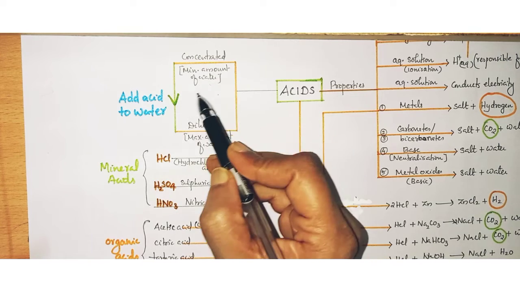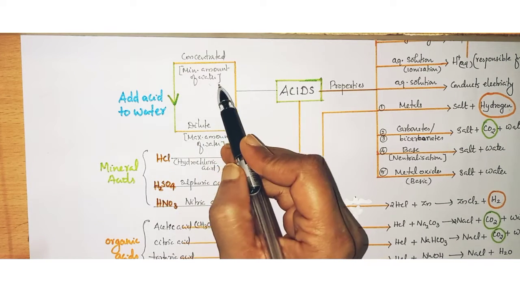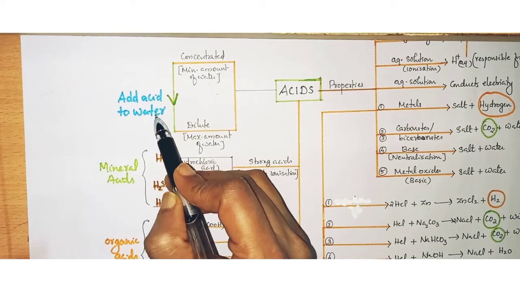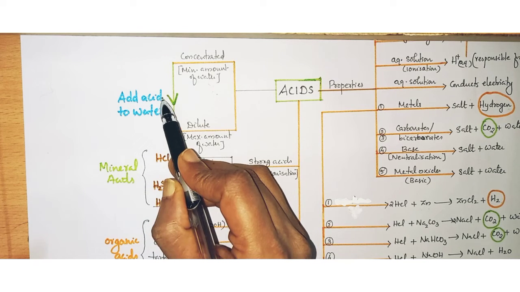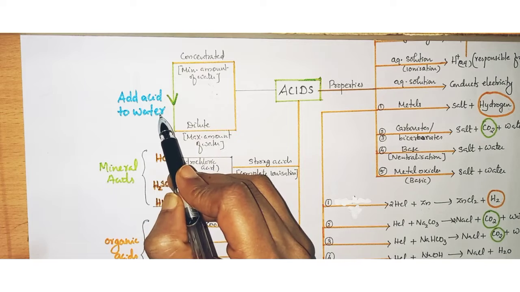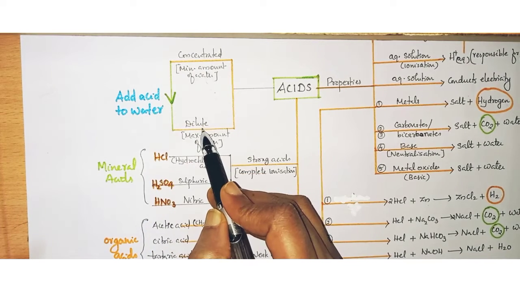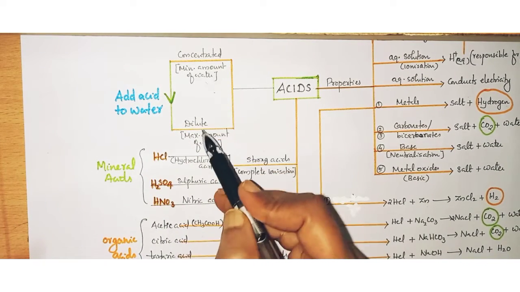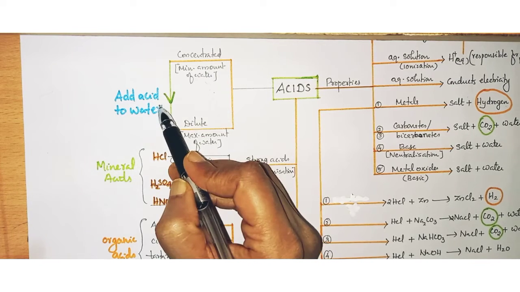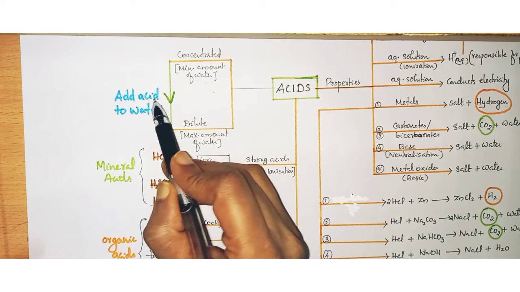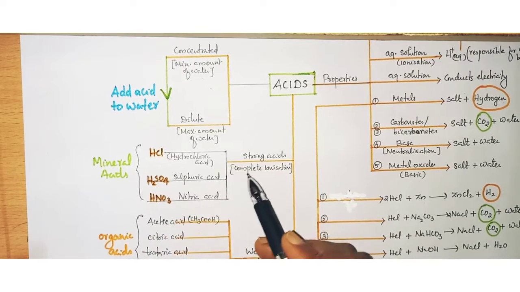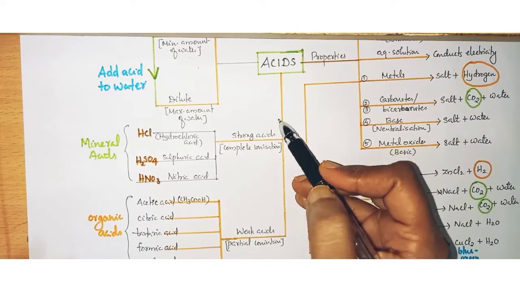Addition should be done like this: add acid to water but not water to acid. So this is an important point to be noted. Add acid to water in order to dilute an acid, not water to acid.